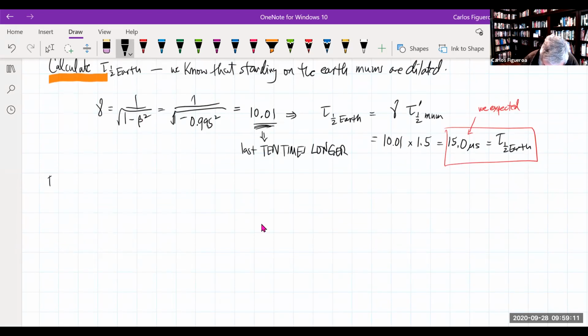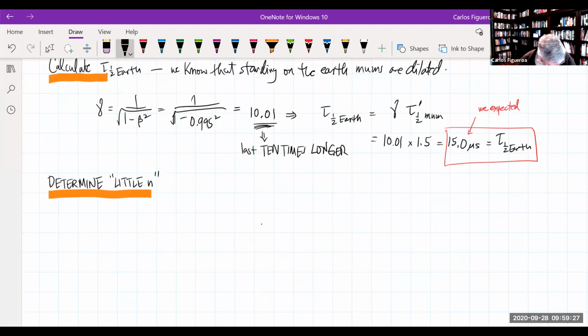So now I want to determine little n. And it's the last piece to the puzzle effectively.